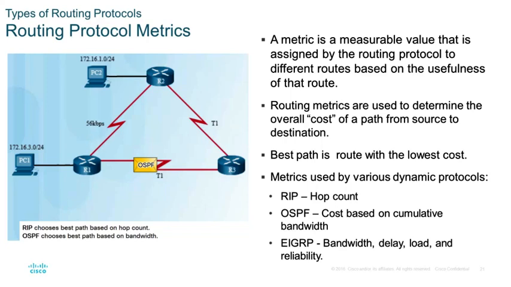RIP is only based off of hop count, so RIP doesn't factor in anything else besides how many routers do I have to go through in order to make it to my intended destination. And because it's only one hop away, so it only has to go from router 1 to router 2, it will factor in and go, right, R1 to R2 is the best path, even though that's a 56 kilobit per second line. Super slow.